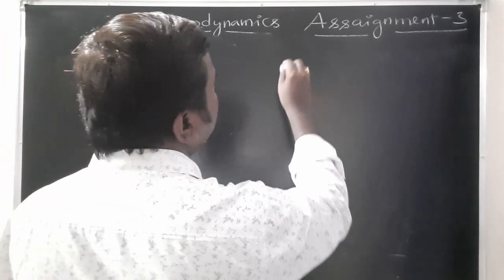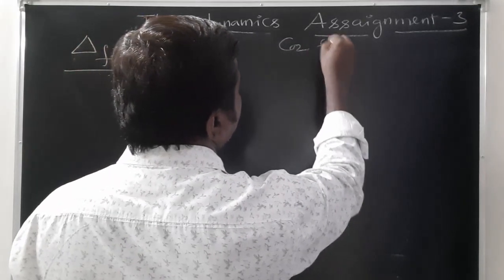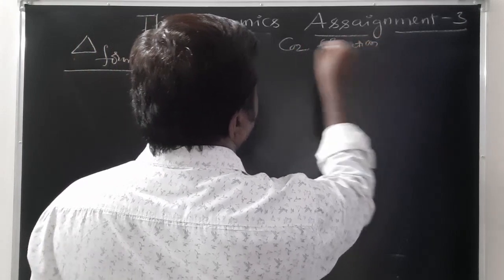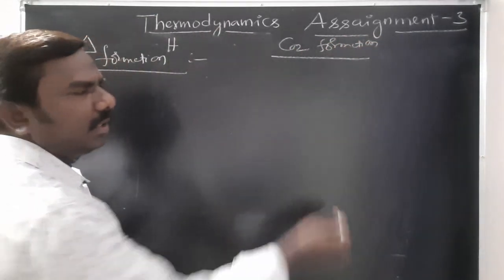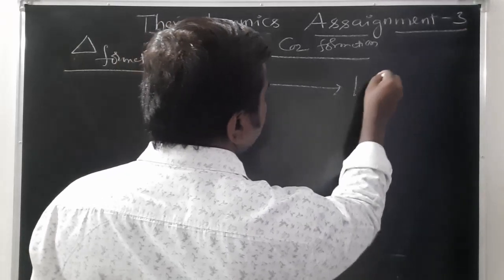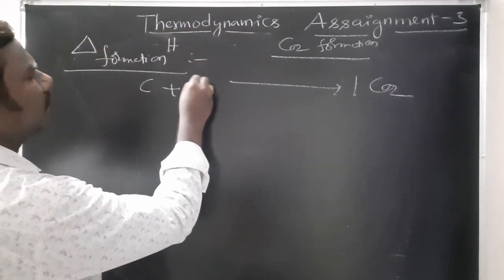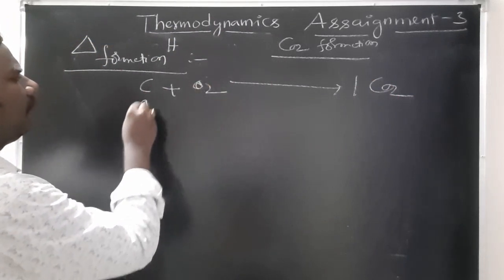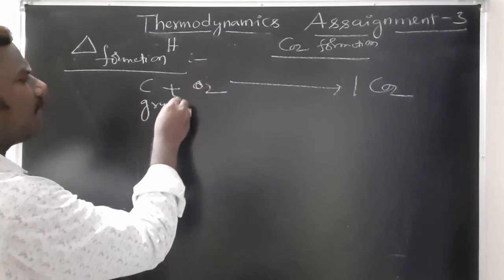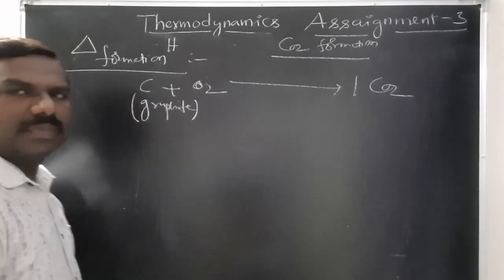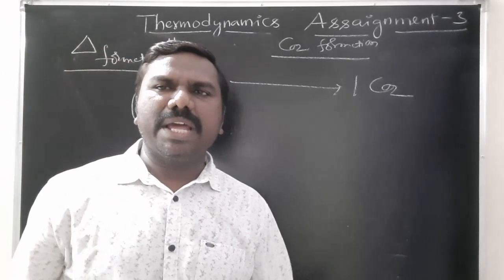For example, I am taking carbon dioxide formation. During the carbon dioxide formation, the carbon dioxide must be 1 mole formed from carbon and oxygen. It is graphite. Graphite is the thermodynamically stable one. Allotropic modification of carbon: diamond and graphite.